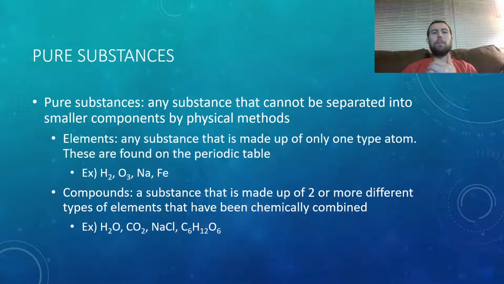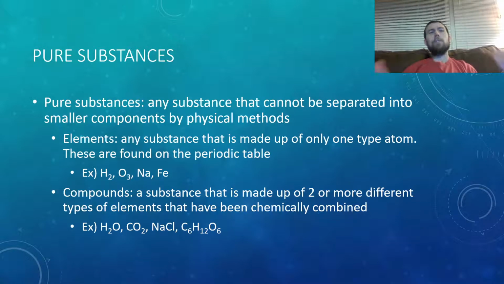Now, pure substances get broken down into two categories. We have elements and we have compounds. Our elements, as I mentioned previously, are those substances that are found directly on the periodic table, which is a useful tool for chemists, and they're made up of only one type of atom.